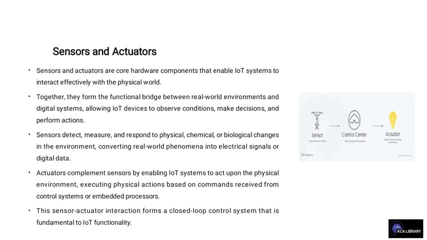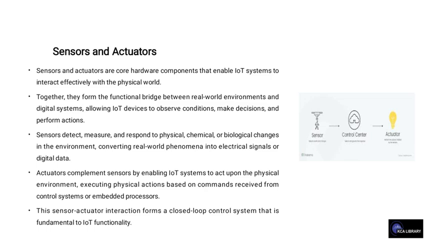Sensors have the capability of detecting, measuring, and responding to physical, chemical or biological changes in the environment, and by this they convert real-world phenomena into electrical signals or digital data.